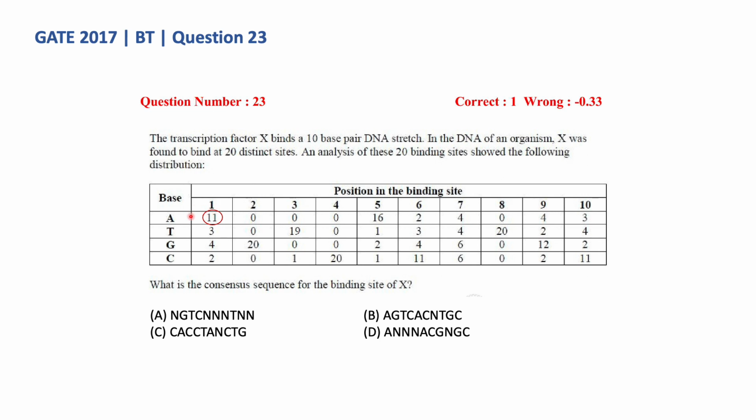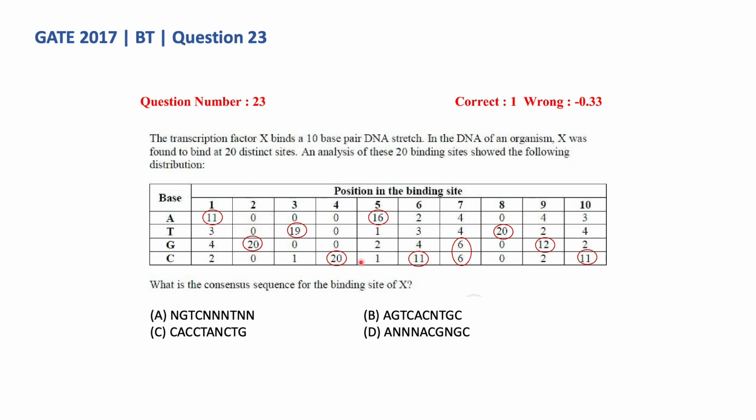So the base at the first position would be A because maximum sequences have A at position 1, and the second position would have a G, and third position has T, and fourth position C, position 5 A, position 6 C, and position 7 has equal numbers for G and C, so it could be either G or C, and so we represent it by N. And at position 8 all the 20 sequences have T, and at 9 G, and the last base is C.